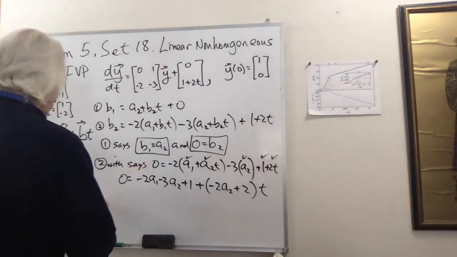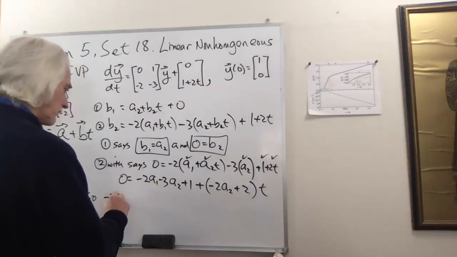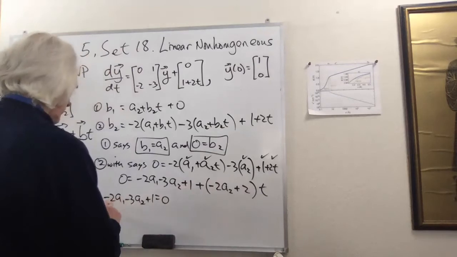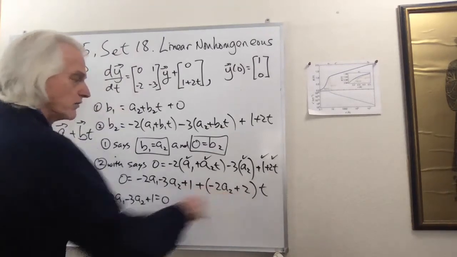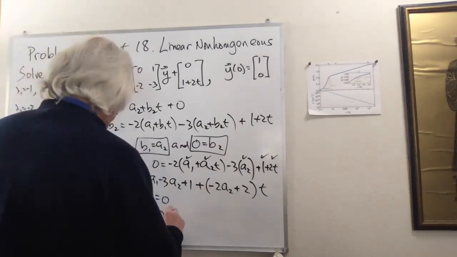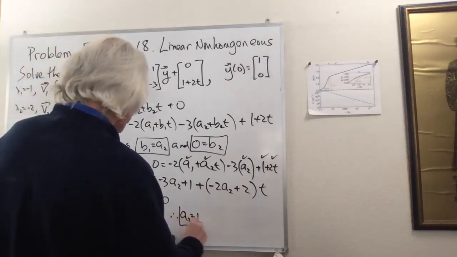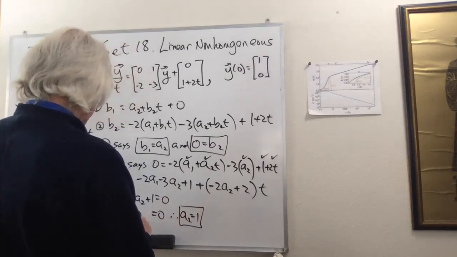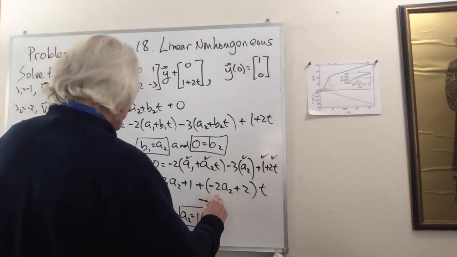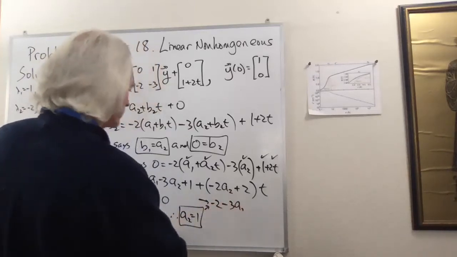And so we have to have the constant equal to 0, and we've got to have the coefficient in front of t be 0. So I'm going to start with this one here. This is pretty easy. That means that A2 is 1. Let's circle that. And then if I put A2 equals 1 over here, I get negative 2 times 1 minus 3 times A. Oh, no, I don't.